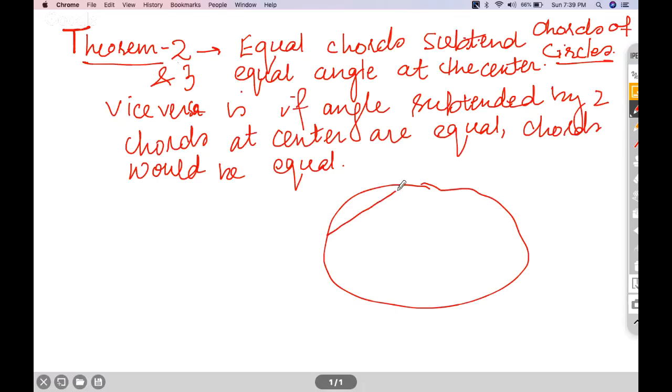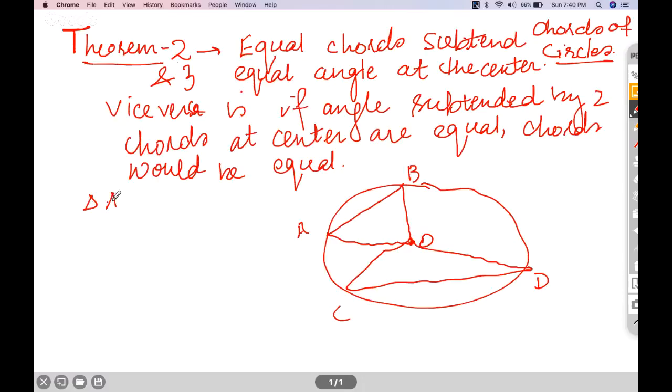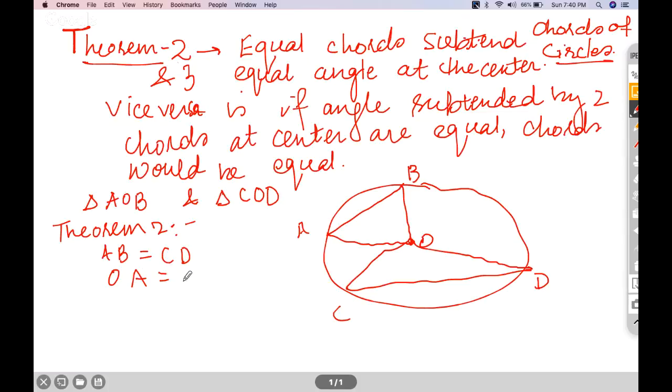So suppose this is a chord AB and this is my center O and this is chord CD. This doesn't look the same, but I will do this construction. So I have two triangles, triangle AOB and triangle COD. For theorem 2, AB is equal to CD, it has been given to me, and OA is equal to OD, and OB is equal to OC.